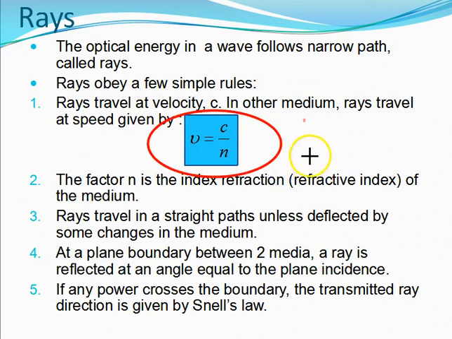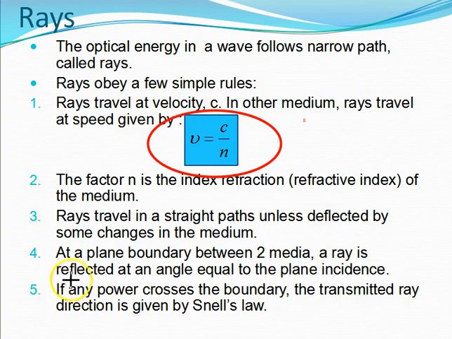Velocity is equal to the velocity of light in space divided by the refractive index of the medium. The ray law also says that rays travel in a straight path unless deflected by some change in the medium.